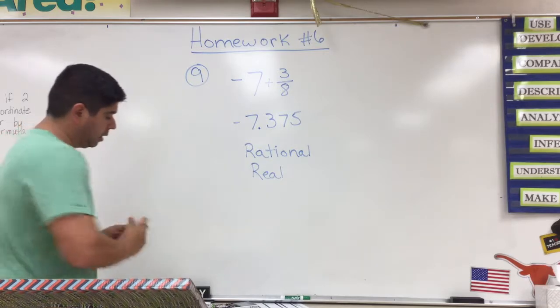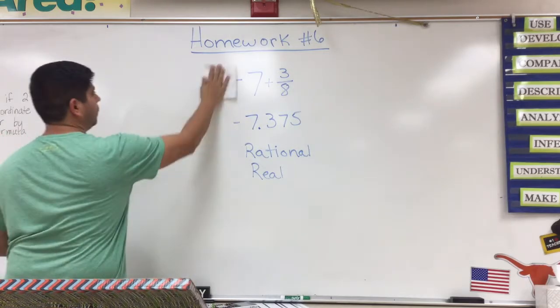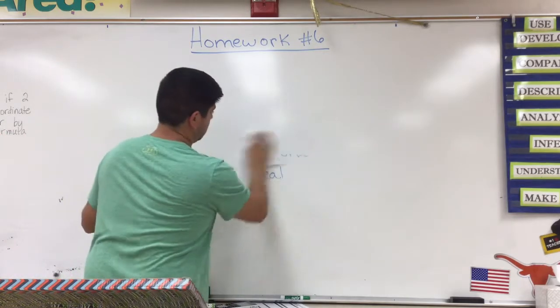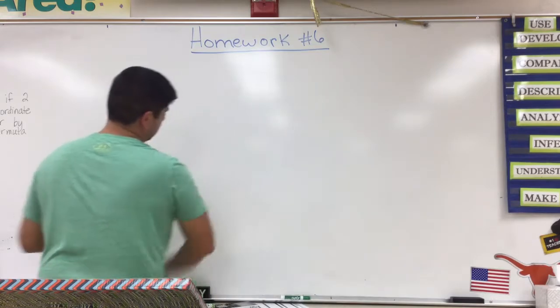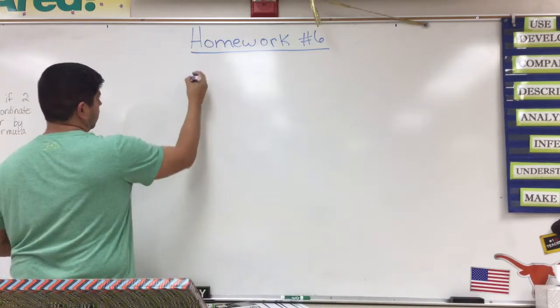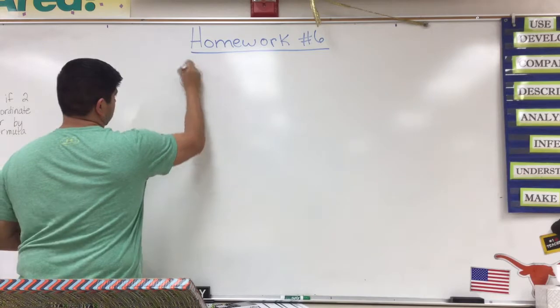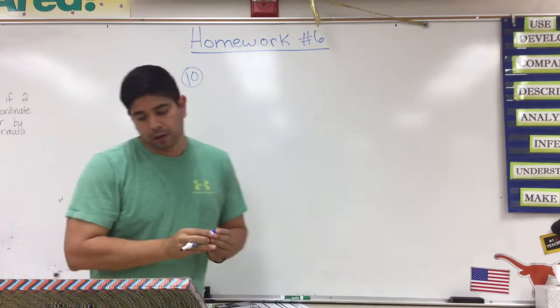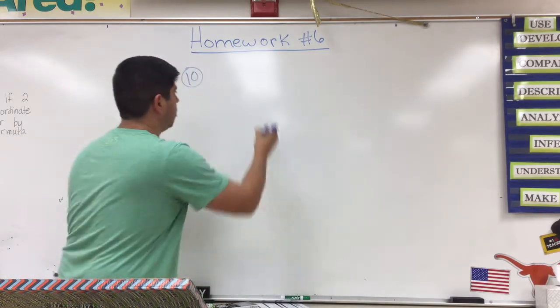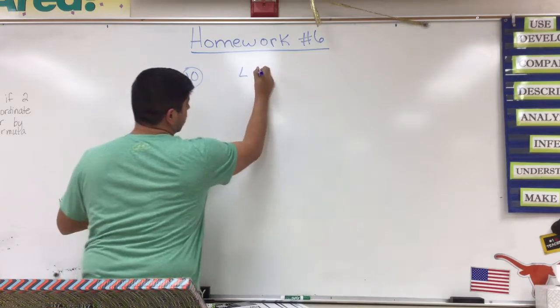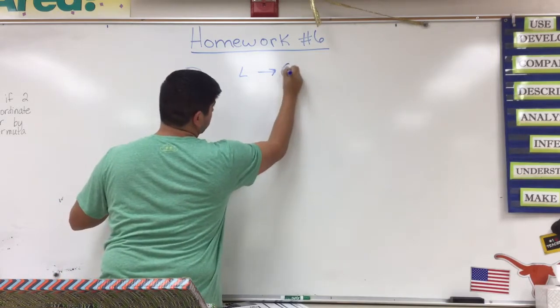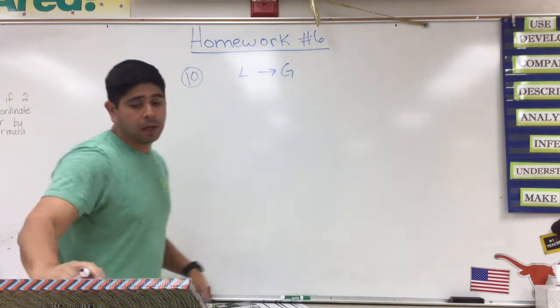Okay, number 10, last one. Okay, so number 10 is some ordering. All right, so we got to order the following numbers from least to greatest. So I'm going to put an L for least, and I'm going to put a G for greatest. Okay, least to greatest.